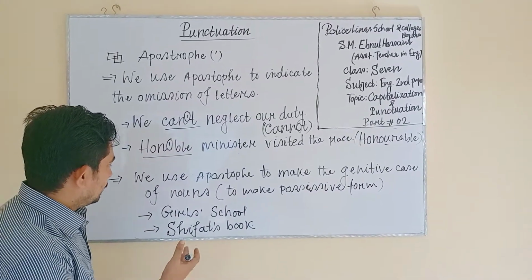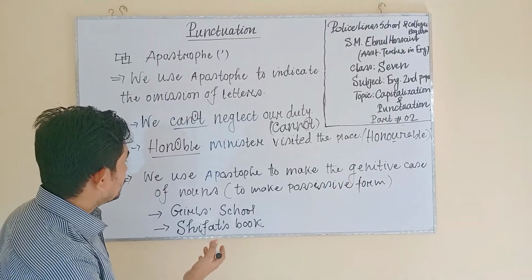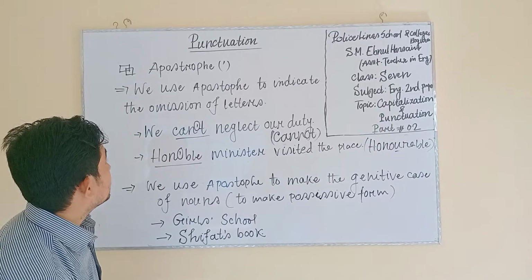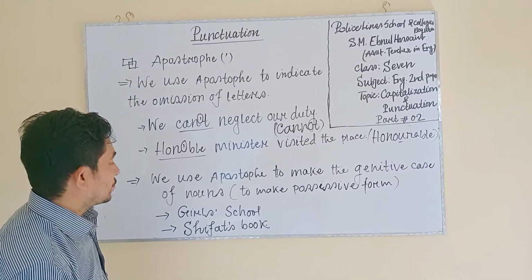Here we notice that the apostrophe is used to make the genitive case of nouns, or to make the possessive. This is the major use of apostrophe.